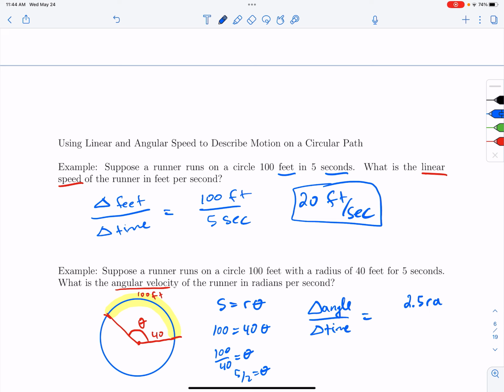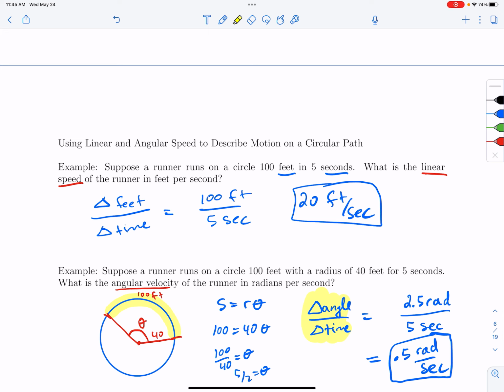The angle that this runner has passed through is 2.5 radians over 5 seconds. So the angular velocity here is 0.5 radians per second. Again, the key thing to remember is that when we're talking about angular velocity, it's always the change in angle divided by our unit time.